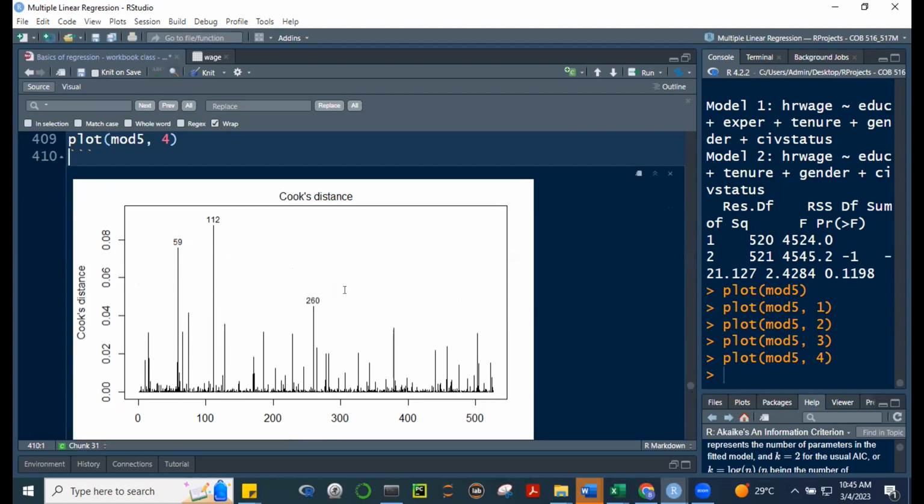Iba yung influential point sa outlier. Not all outliers are influential points, but all influential points are outliers. I hope you get that.